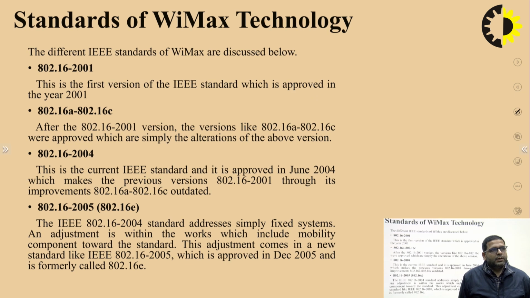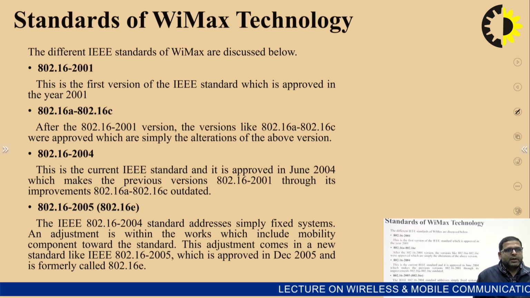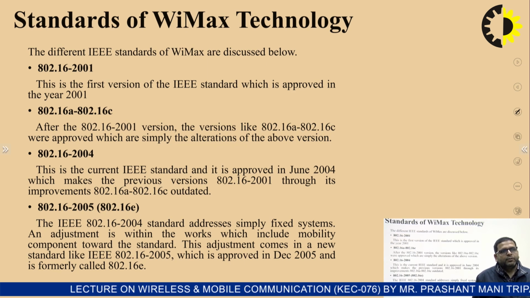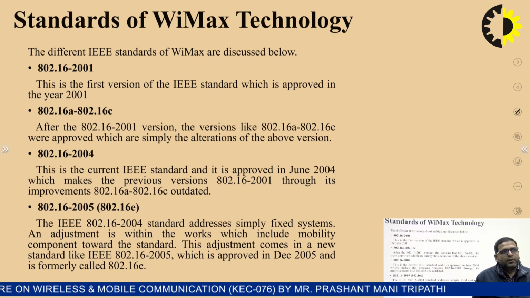The next versions are 802.16a to 802.16c. After the implementation of 802.16 in 2001, the other versions like 802.16a and 802.16c were approved by the authorities to provide better connectivity through WiMAX technologies.